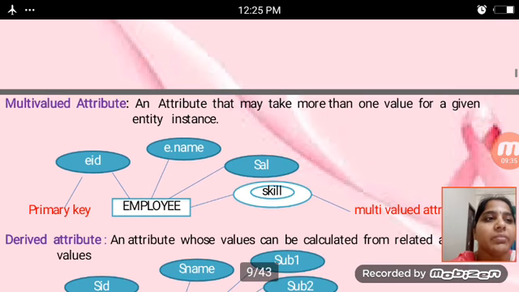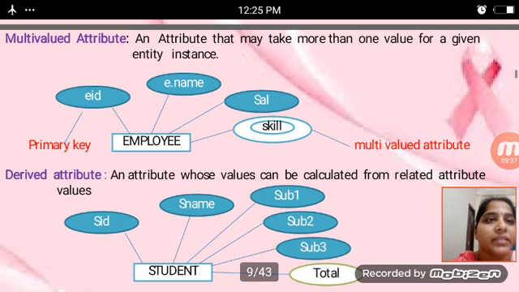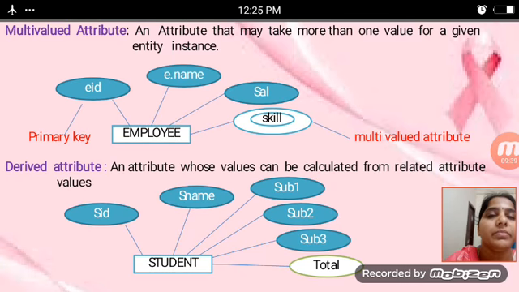And then next, multi-valued attributes. A multi-valued attribute is an attribute that may take more than one value for a given entity instance. For example, I am taking here an employee. Employee having an employee ID, employee name, salary and skill. How can we see this?